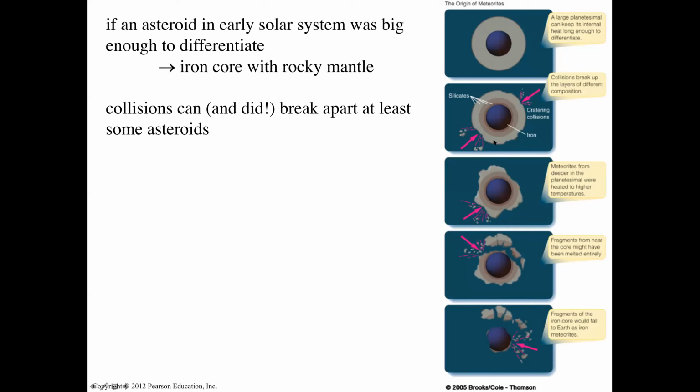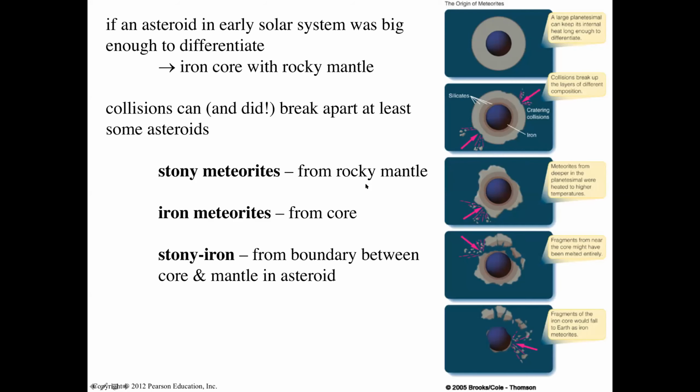Now, collisions can, and in fact did, break apart at least some asteroids. So these collisions with other asteroids, producing small objects, break apart the surface, okay? In fact, a lot of them ended up breaking one big asteroid that had a spherical shape into pieces that are not spherical anymore, okay? Now, stony meteorites, which are like stone, are from rocky mantles.